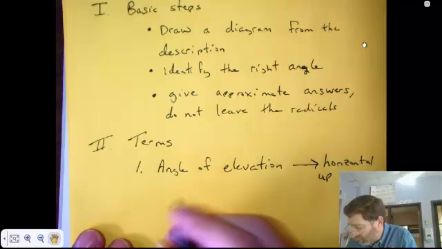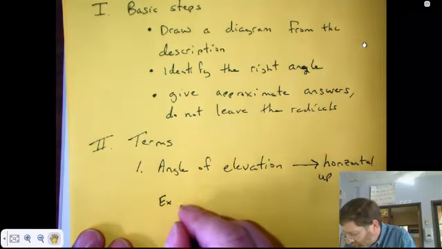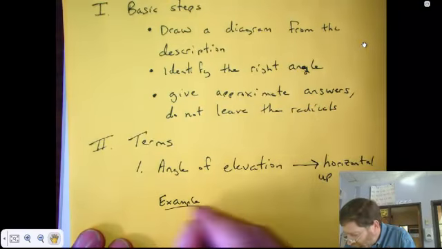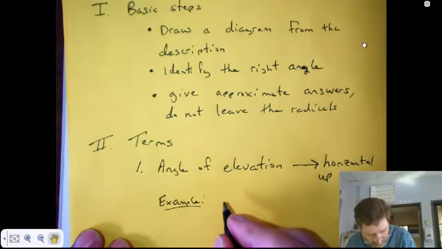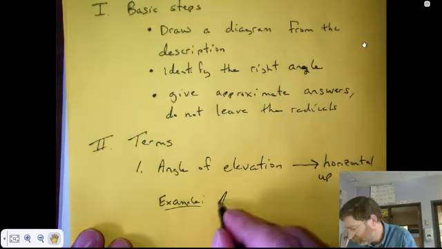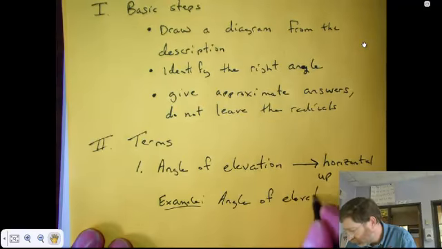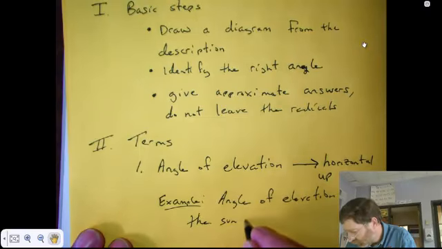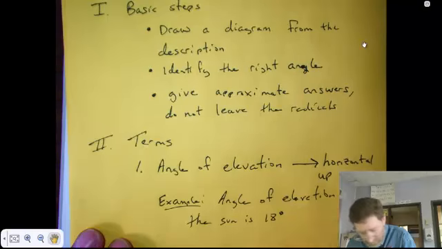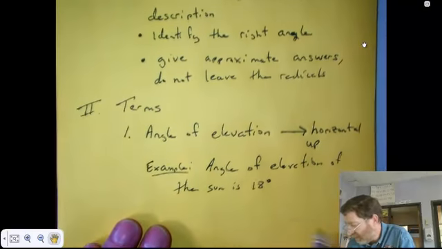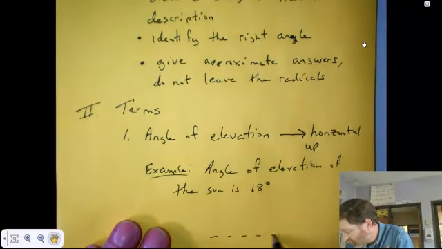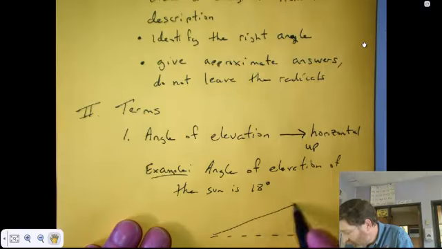So an example, if I had a question that said the angle of elevation of the sun is 18 degrees, if I was going to draw that out, that means I'd start at the horizontal and we'd go up to 18 degrees.